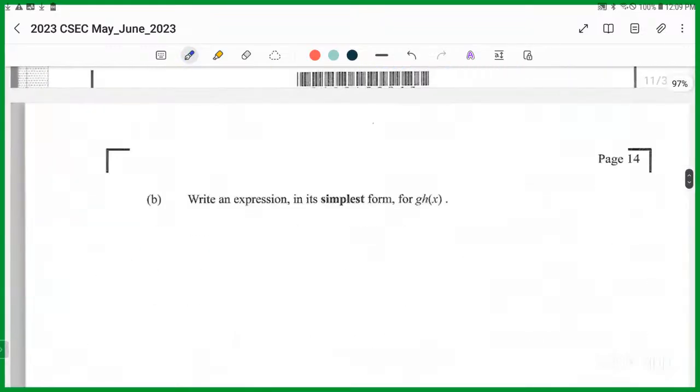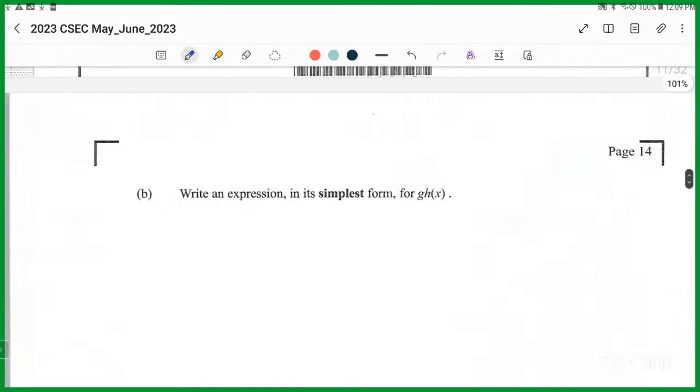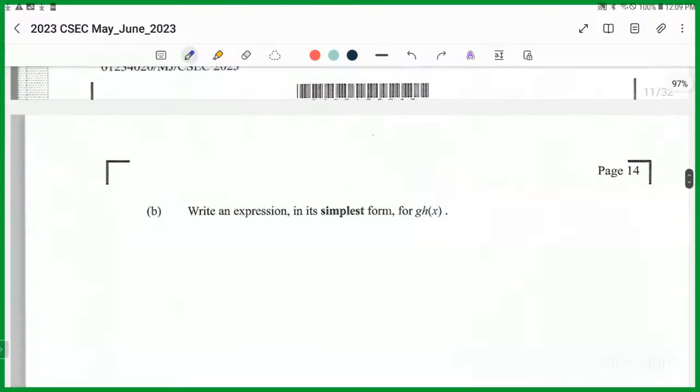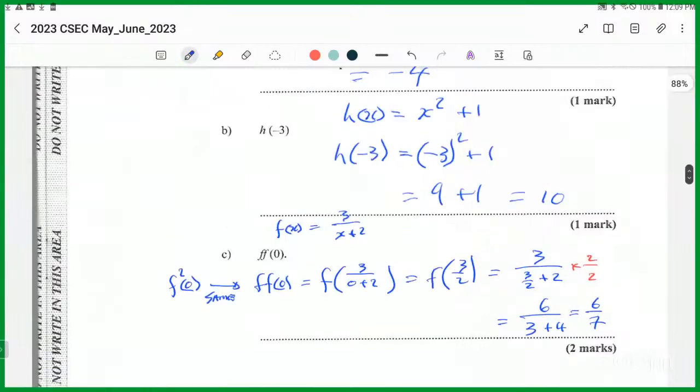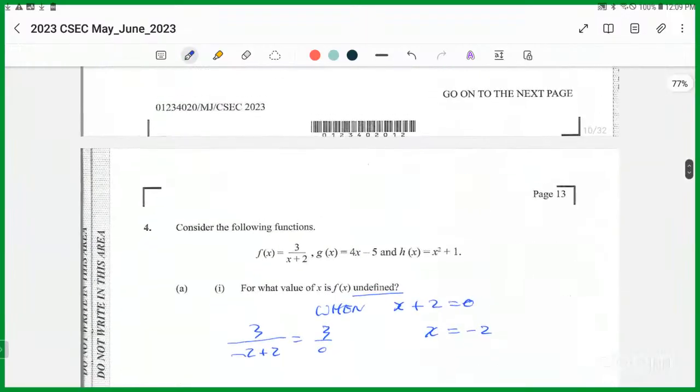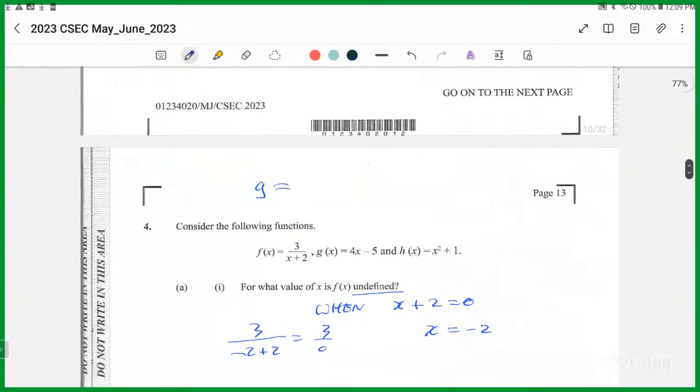Next part. It wants us to form an expression for g of h of x. Alright, so what is the g again? I don't remember, I'll write them up here and copy them down. So the g is this one, 4x minus 5, and the h is this one. The h is x squared plus 1.